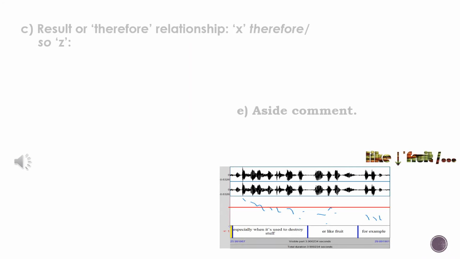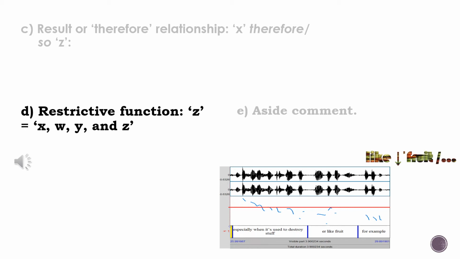Okay, the next use of low key is called the restrictive function, in which we have a sort of hyponymic type of relationship. If you remember your lectures on Introduction to Linguistics, and especially Semantics, the second tone unit is a member of the general word, the general idea in the first tone unit.